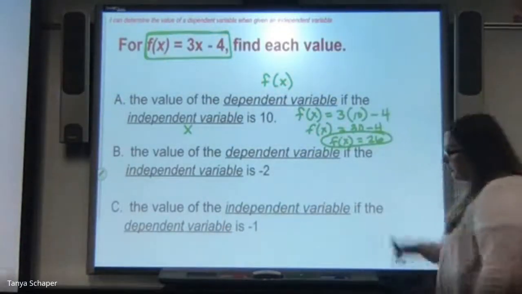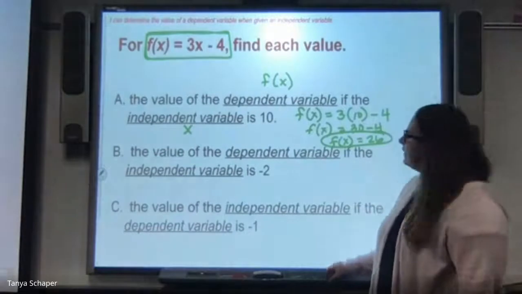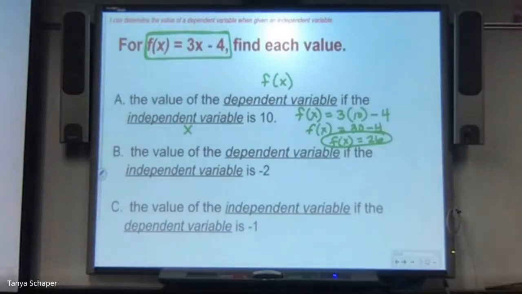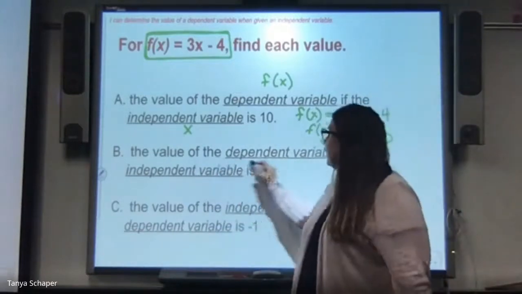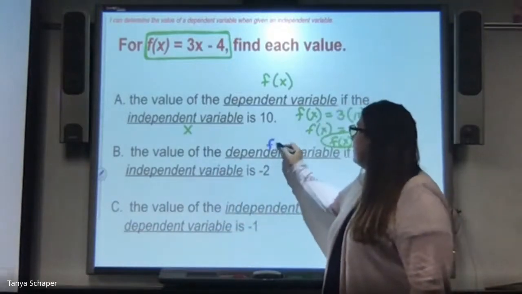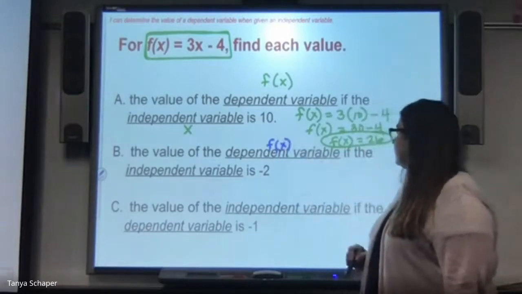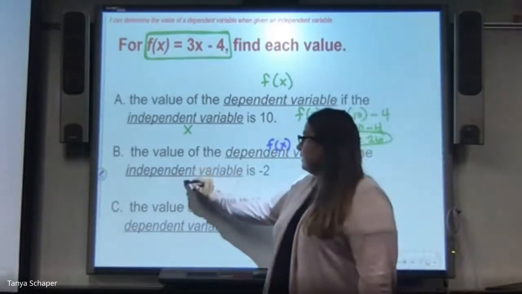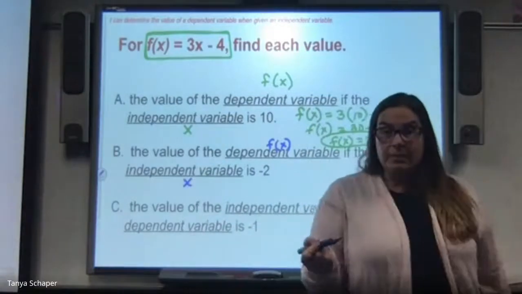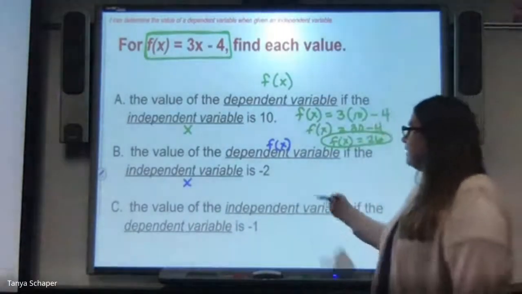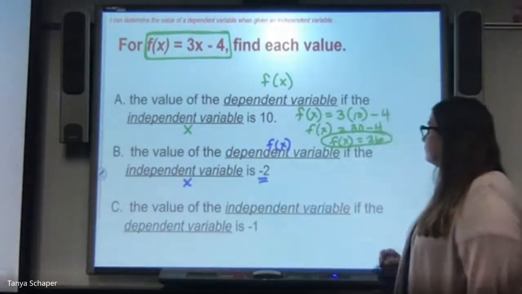Letter B. All right, the value of the dependent variable. We need to find the value of the dependent variable, which is f of x, if the independent variable, x, is -2.